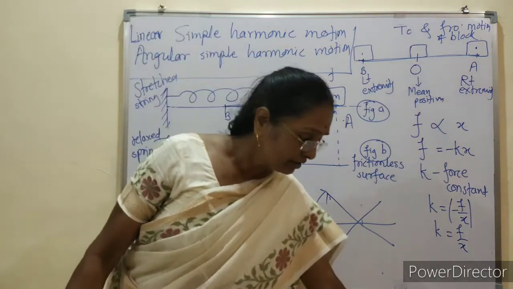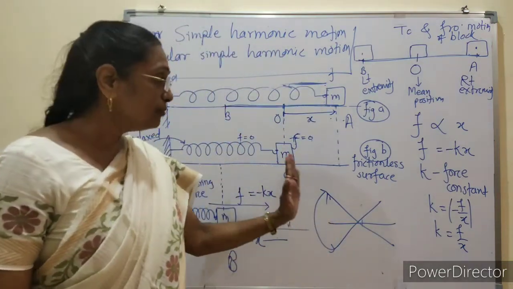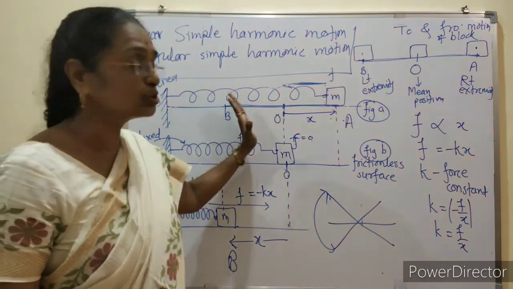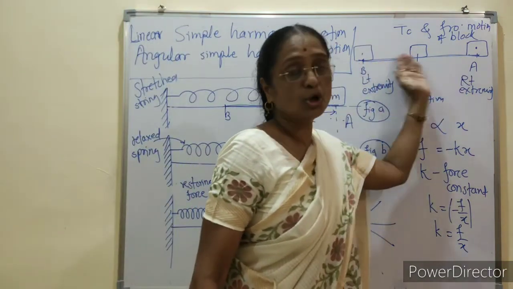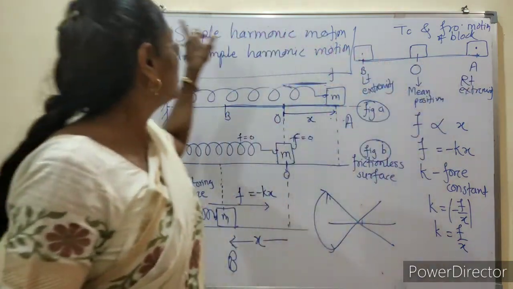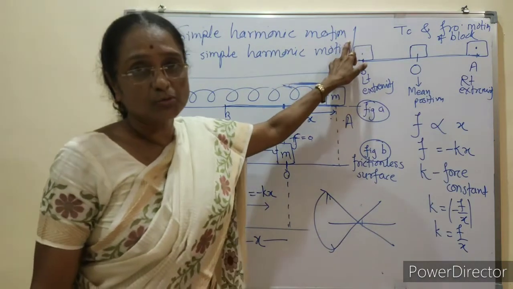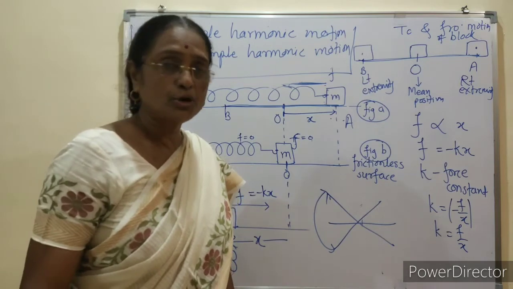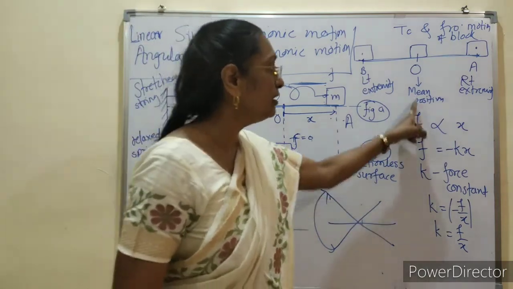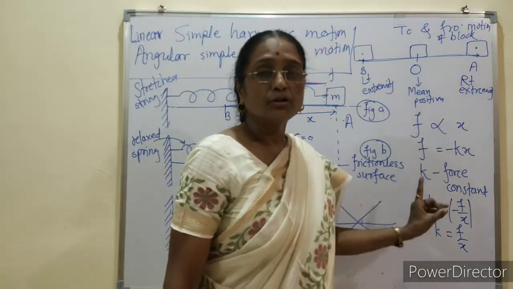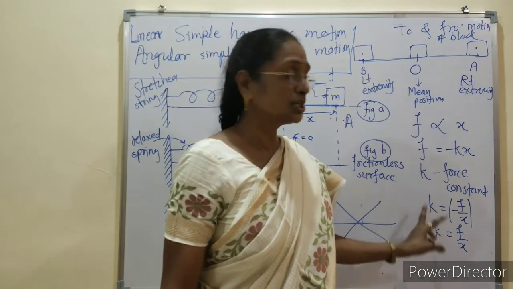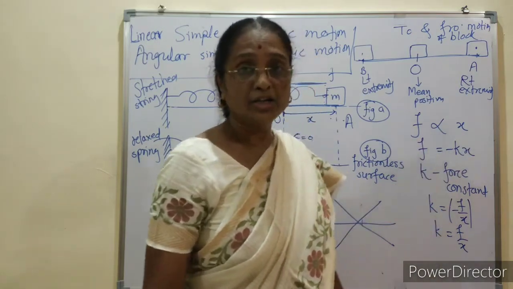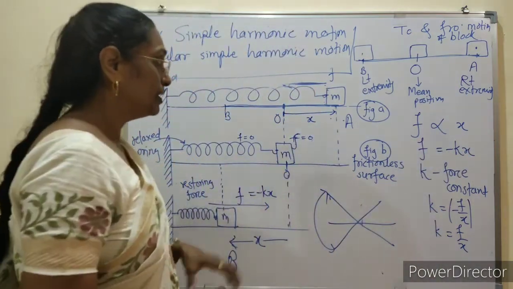We have started the discussion from the oscillatory motion which occurs along a straight path, meaning linear simple harmonic motion. So first we deal with linear simple harmonic motion by considering the equation that gives the relationship between force and displacement from the mean position.